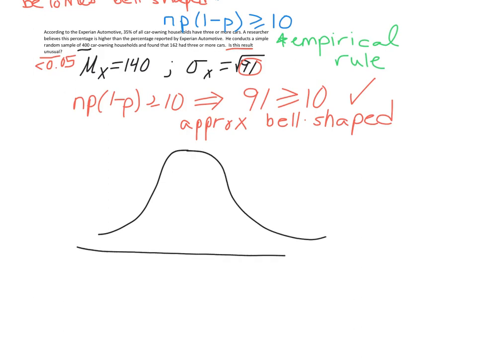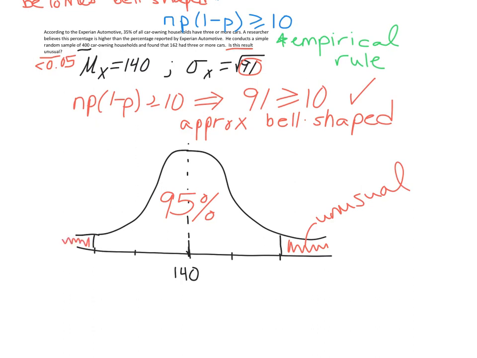So, let's start making our distribution. So we know it's approximately bell-shaped. In the middle is the mean, which is 140. And we'll start going out, we'll go 2 standard deviations because that will be 95% of the data. So anything outside of that 95% would be unusual, right? Because what's outside the 95% is 5%. All right, so we'll write unusual.